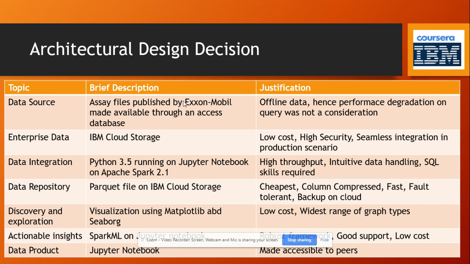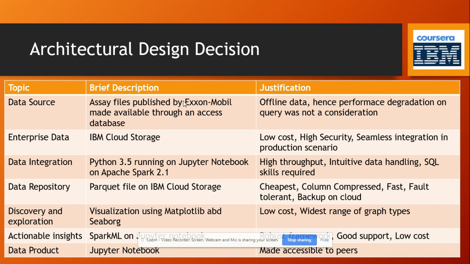For data integration, we have used Python 3.5 running on Jupyter Notebook on Apache Spark. This has been used obviously because of the high throughput, intuitive data handling, and SQL skill required, which is available all through the organization. For the data repository, we have used Parquet files on IBM Cloud Storage.